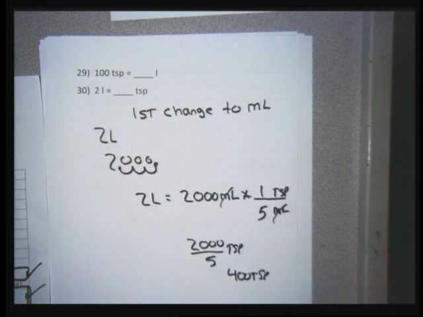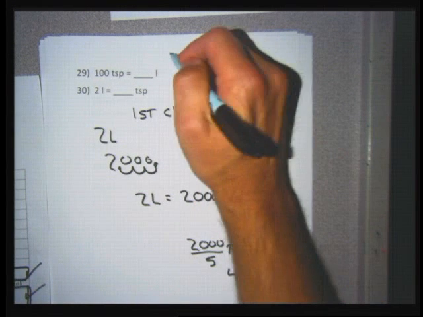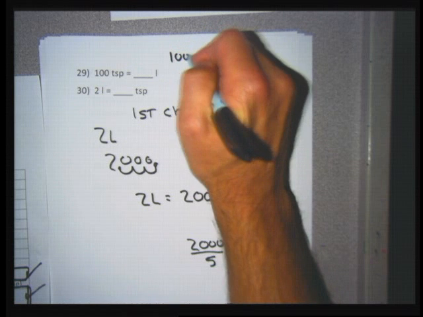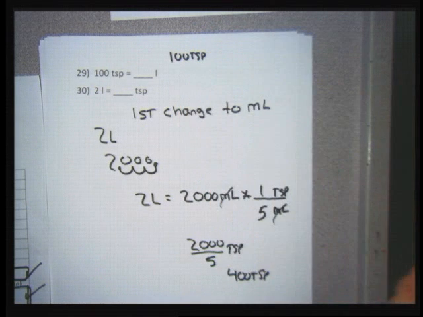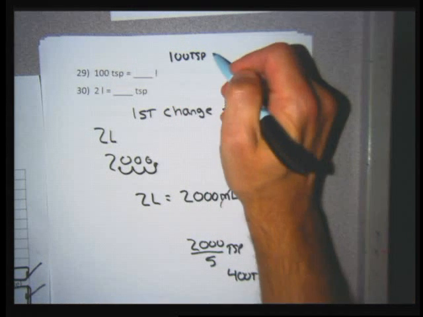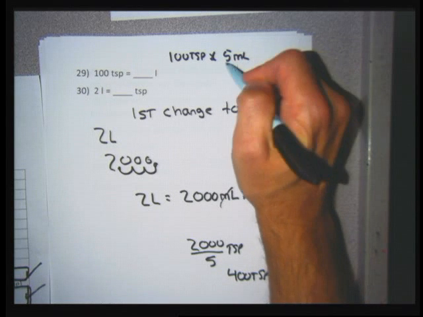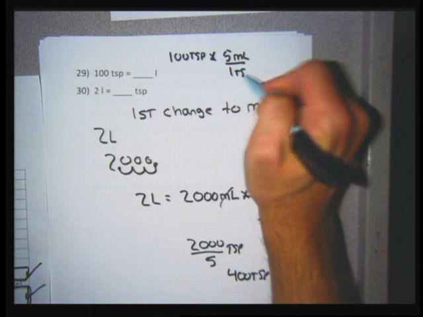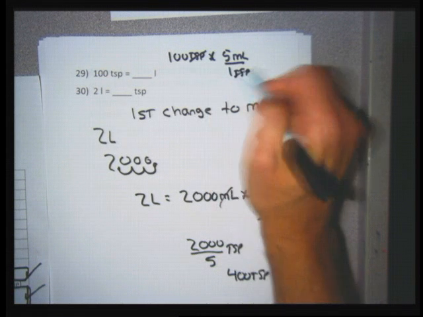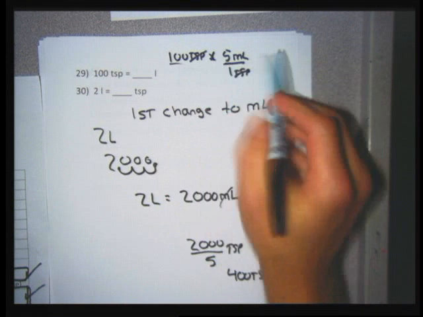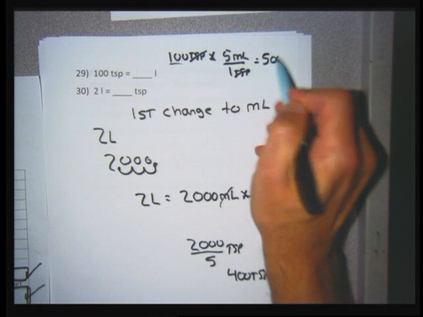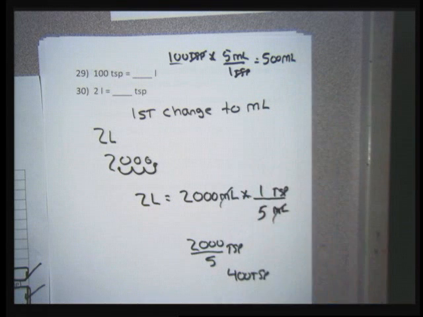Just in case you can't do yours, let me do 29. For 29, the first thing I'm going to do is go from teaspoons to milliliters. So I'm going to multiply by 5 milliliters is 1 teaspoon. I'm going to cancel out the teaspoons. You're left with 100 times 5 milliliters. So that would be 500 milliliters. And now I need to change from milliliters to liters.